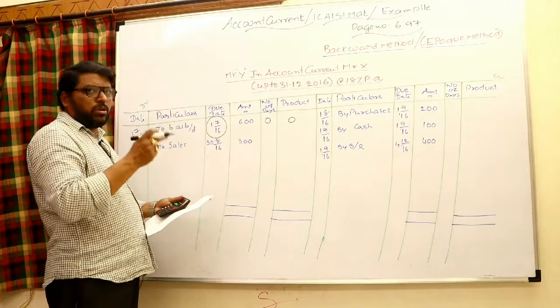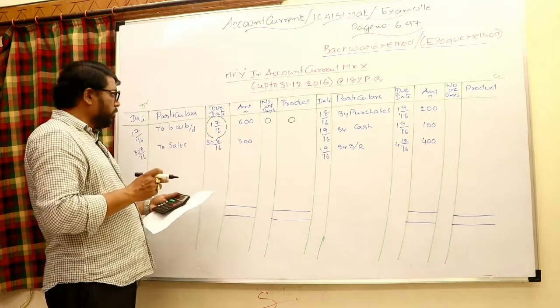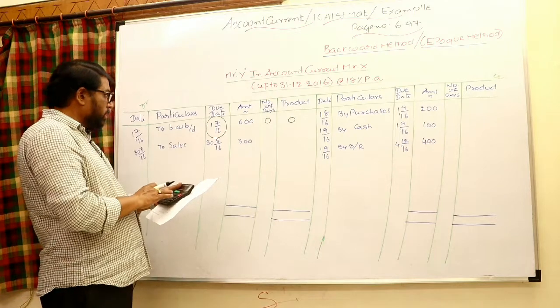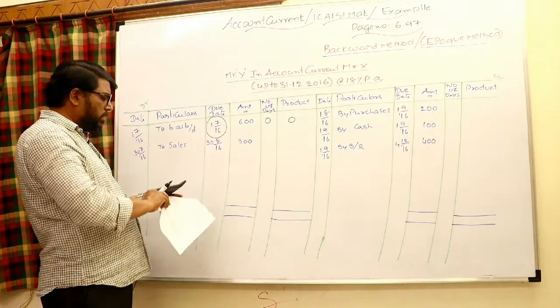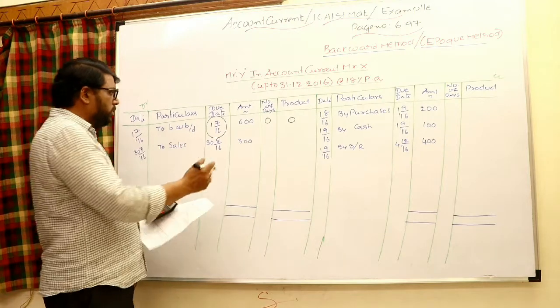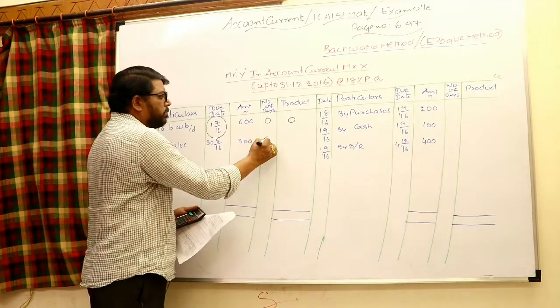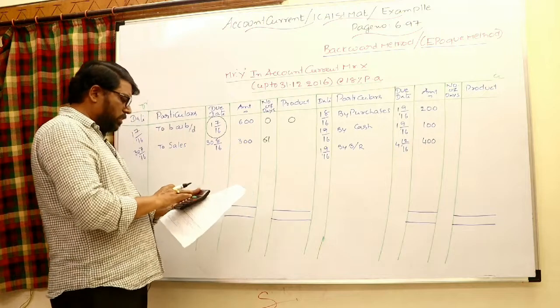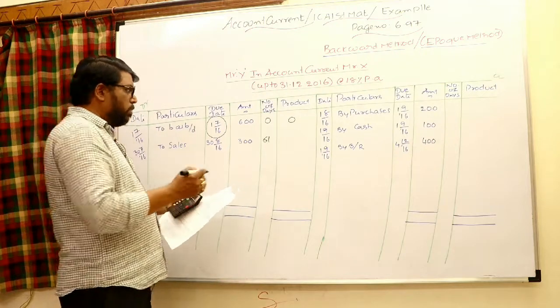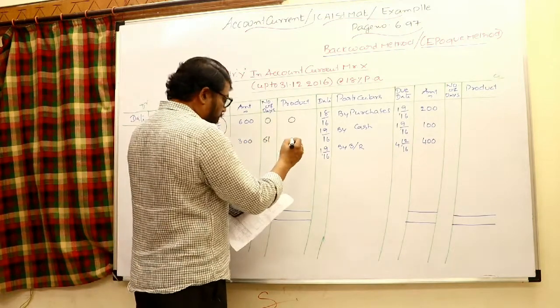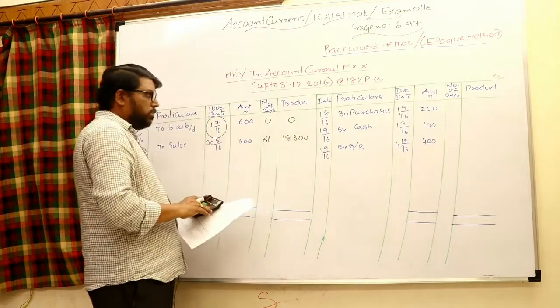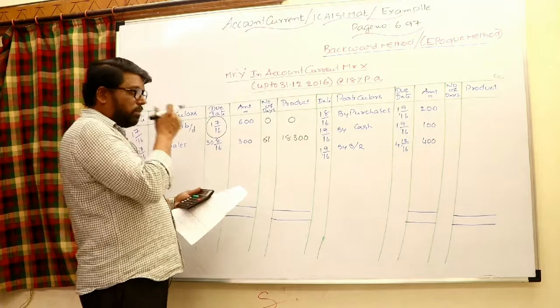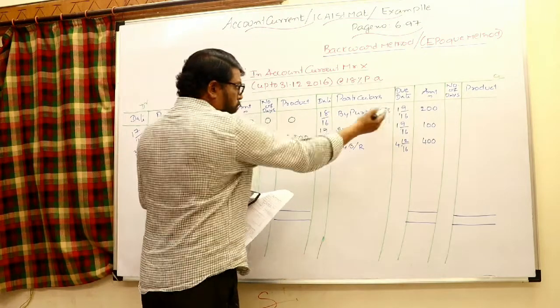So in July 31 and August 30, the total number of days is 61. Multiply 61 into 300, the product is 18,300.